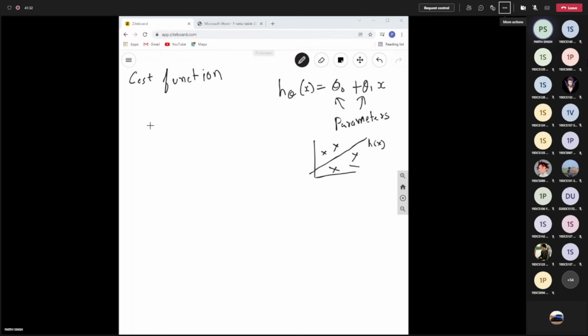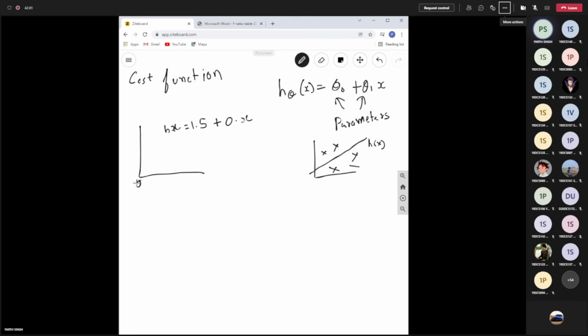Let's say I am having this graph, and my h of x is theta 0 plus theta 1 x, where theta 0 is 1.5, and let's say theta 1 is 0, that means 0 times x, so I took theta 1 as 0. So what would my line be?